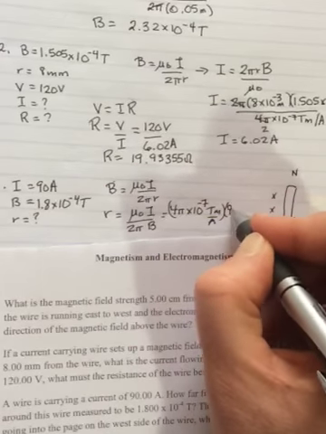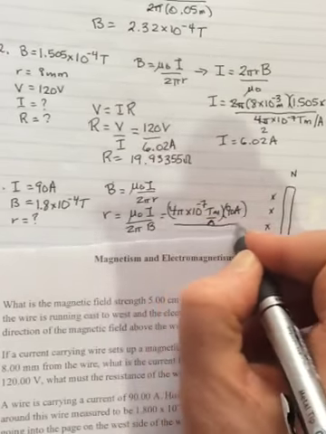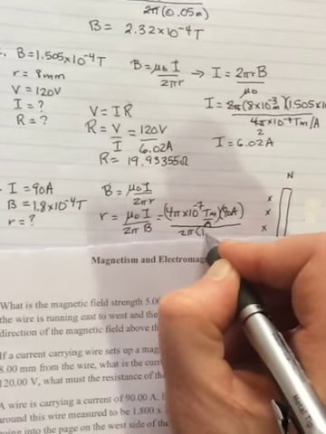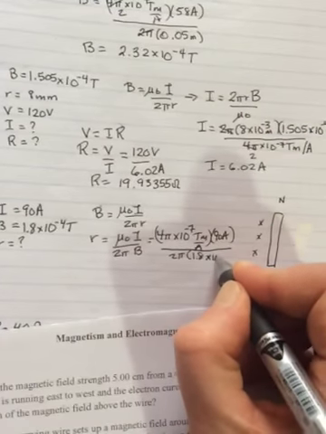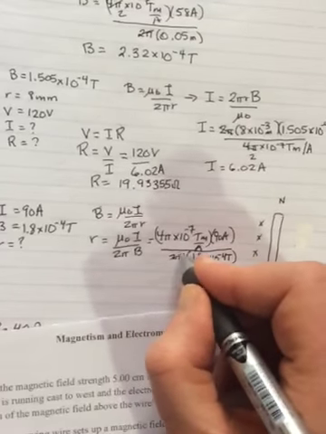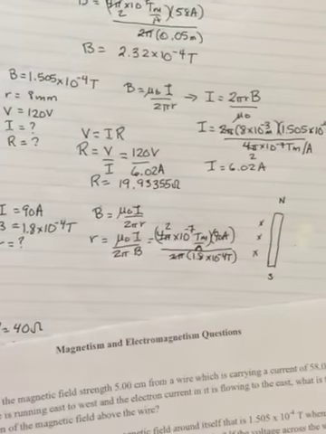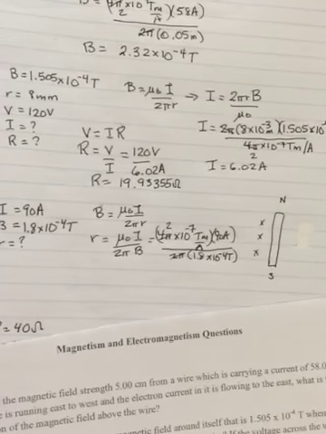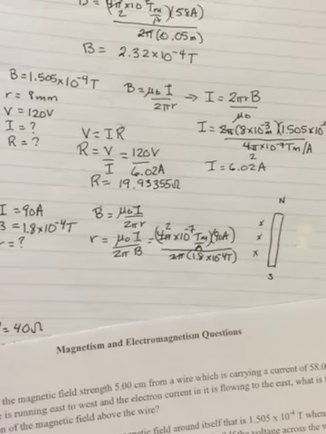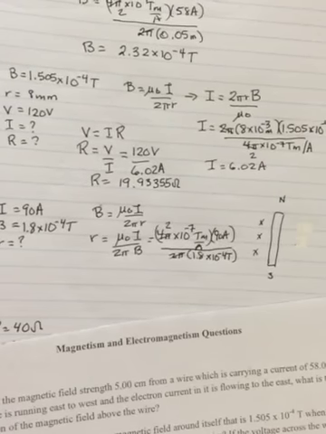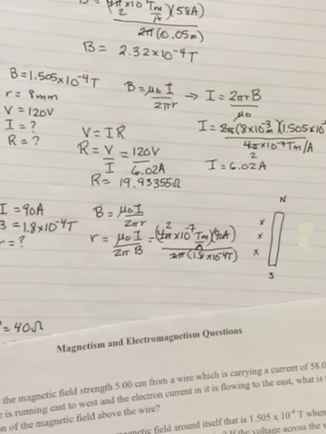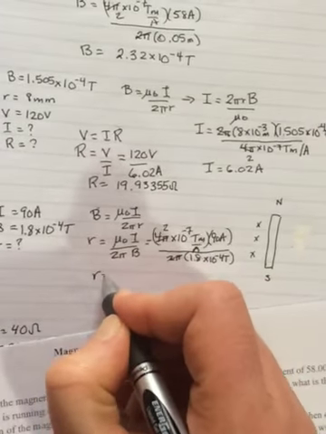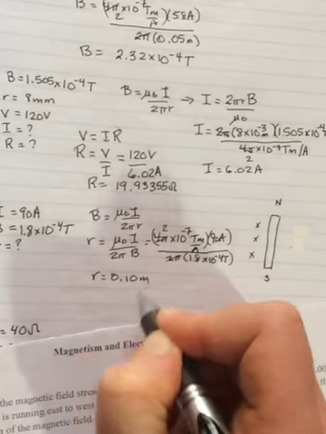I was 90 amps over 2 pi times 1.8 times 10 to the negative 4 Teslas. Again, the 2 pi, 4 pi, this becomes 2. So on the top, it's just 180 times 10 to the negative 7. And on the bottom, you are dividing by 1.8 times 10 to the negative 4. You could do this in your head. And, if I didn't screw up, you get 0.1. So R is equal to 0.1 of a meter.